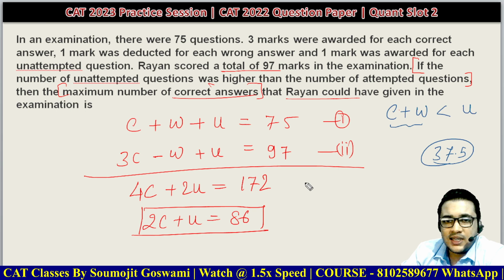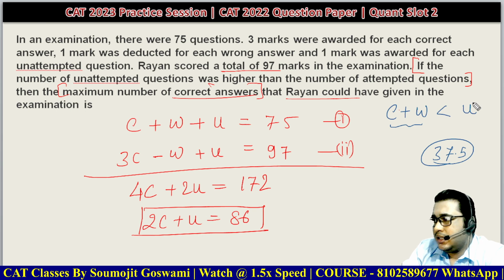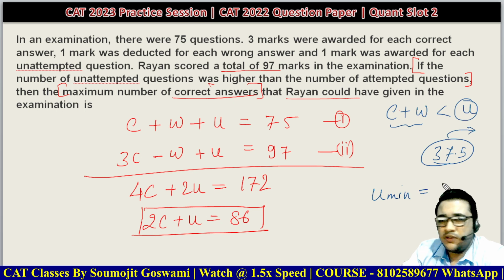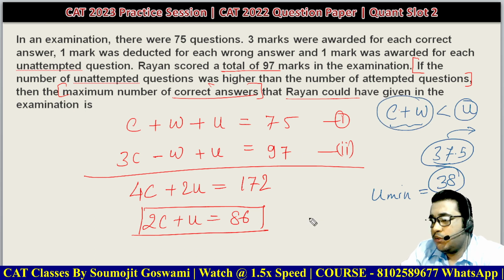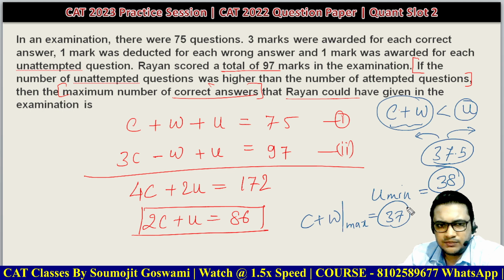Now what exactly am I trying to say? The minimum value that you can take, in other words U minimum, will be a little more than 37.5, which in our case will be 38. And for C plus W max, the maximum value will be a little less than 37.5, which is 37.